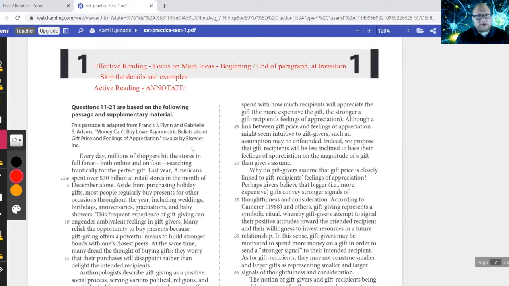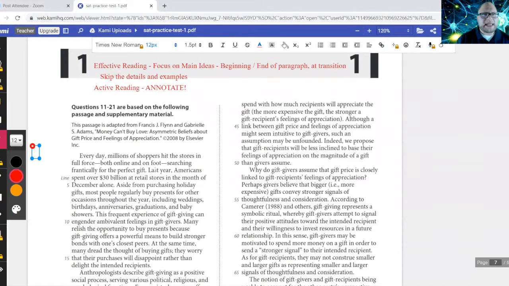So let's look at this first paragraph here. What you need to be able to do is annotate. That's why I love this Cami document, because it can be shared between the student and myself, so that we can work collaboratively during the week.